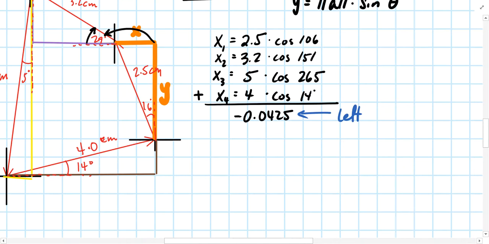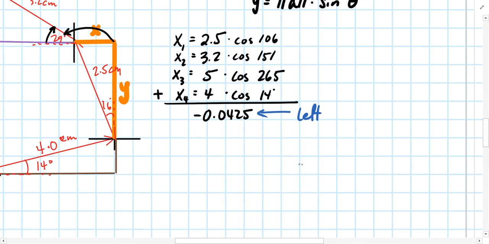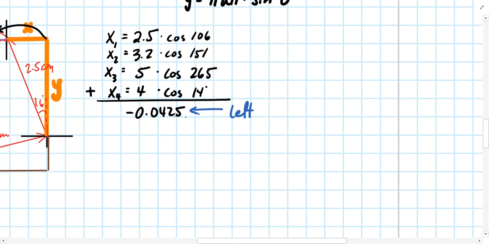So we're about 4 millimeters off. And on a precision component, that might be a pretty big deal. So we would probably want to fix that. But the end result is 0.04 centimeters to the left, and I know that it's leftward because of the negative sign indicator.